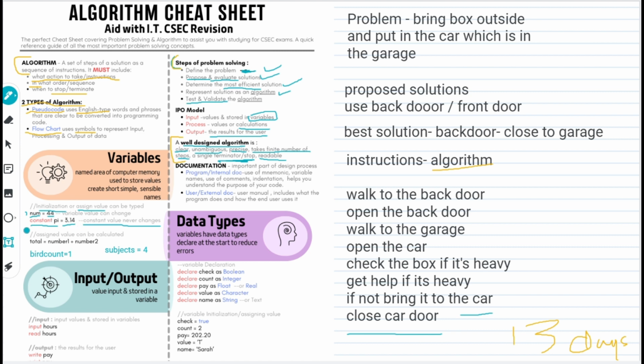Moving right along. An assigned value can be calculated. So we said that we can assign a value or initialize a variable by just giving it a value. Your example, your subjects, you assigned 4. 4 subjects you do on Monday, right? Now, in this example of assigning a value to a variable, the variable here is called total.